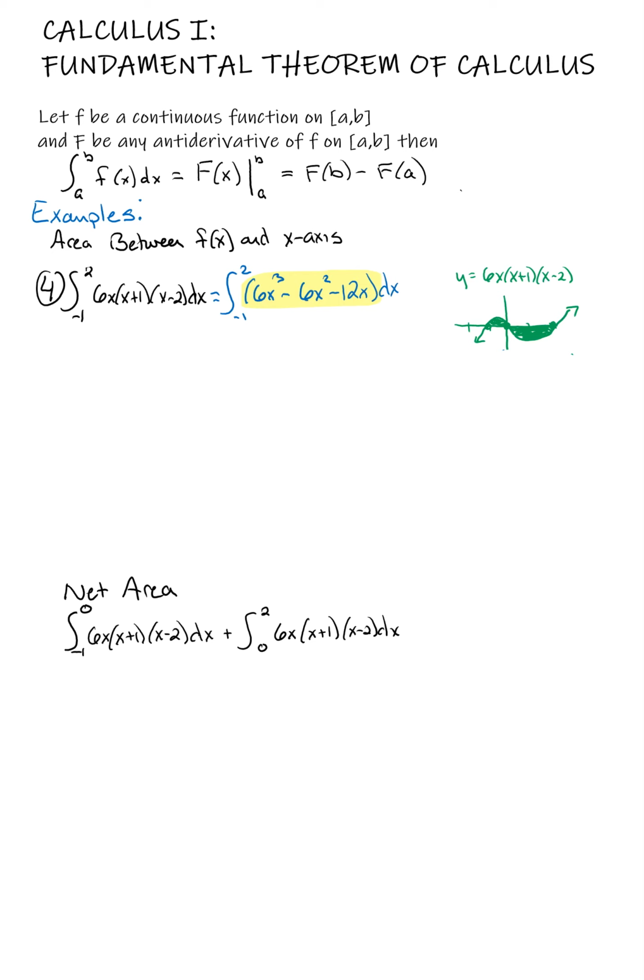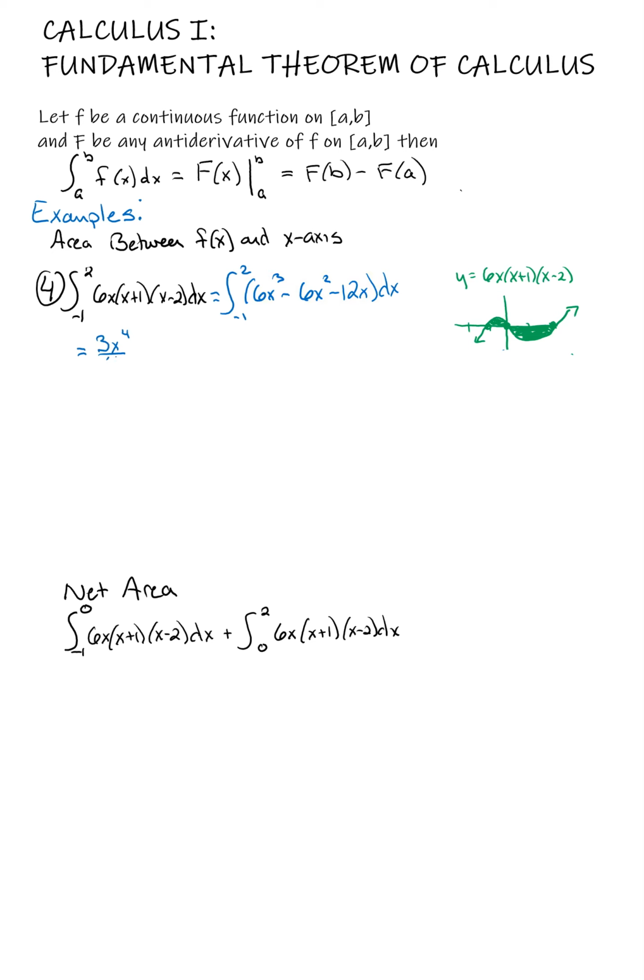And all we have to do now is find the antiderivative. Remember, it can be any antiderivative of our integrand. So that would be, add 1 to the exponent, divide by that, reduce. We end up with 3x to the 4th over 4. Oh, nope, it gets reduced.